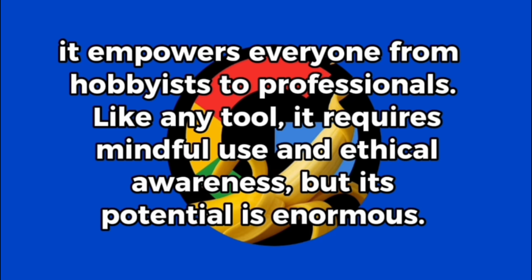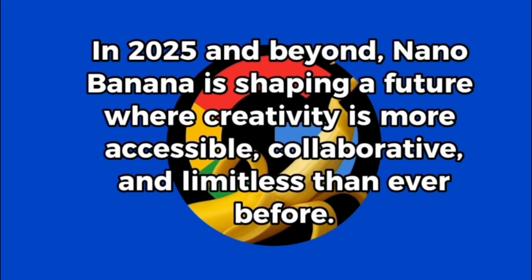Like any tool, it requires mindful use and ethical awareness, but its potential is enormous. In 2025 and beyond, Nano Banana is shaping a future where creativity is more accessible, collaborative, and limitless than ever before.